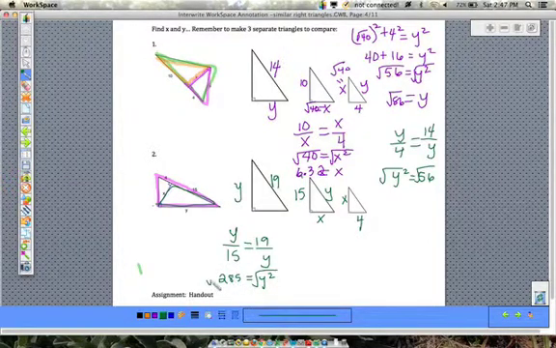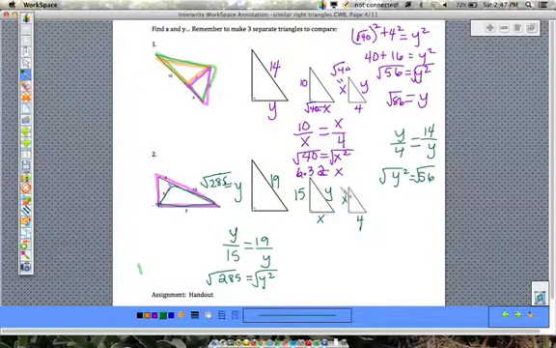Square root that, and I get approximately 16.88, but I'm just going to leave this as the square root of 285 so I don't have to worry about rounding. And I'm not going to simplify yet because I can use this to solve for my other leg.